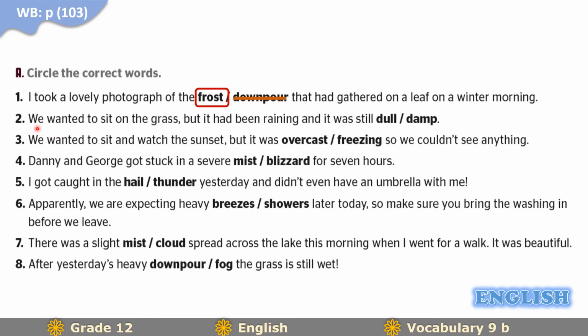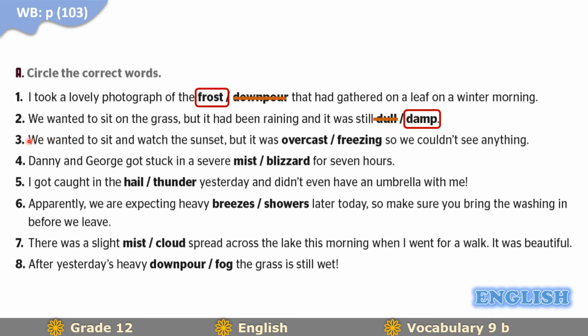The second one, we wanted to sit on the grass, but it had been raining and it was still dull or damp. The right answer is damp. Very good. And the clue here is it had been raining, so it was still wet or it was still damp.